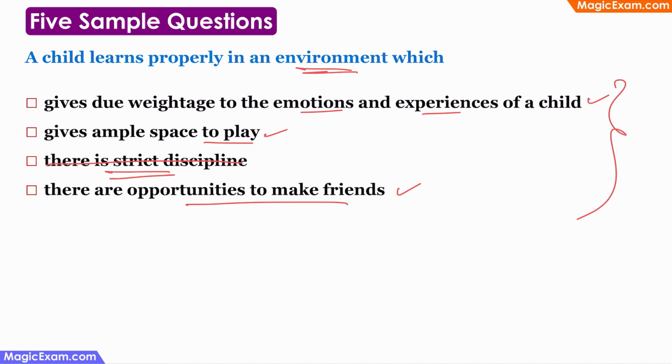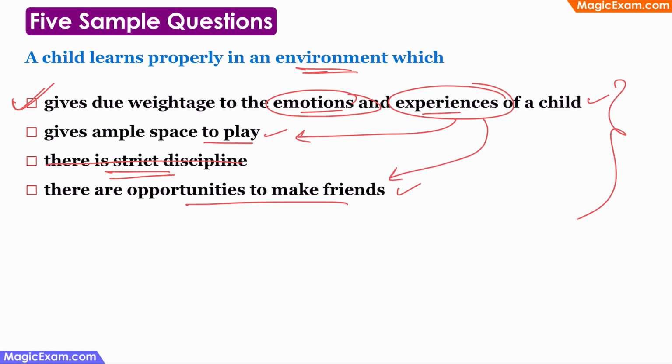Now, we have to choose which of the statements is the strongest. Now, the first one, which says due weightage to emotions and experiences, is the best answer to this question, because in experiences, you can also put play. In experiences, you can also put the opportunity to make friends.